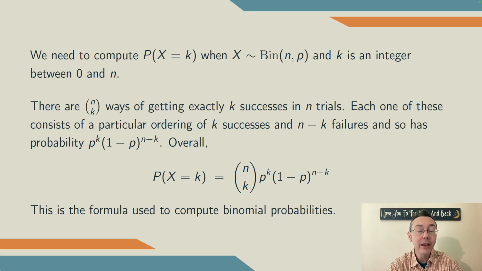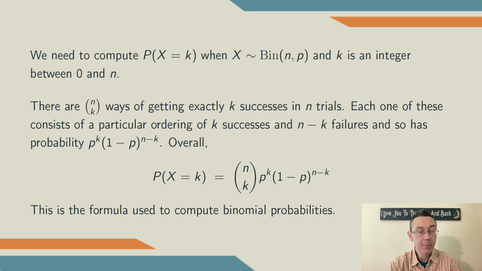Now, for any particular ordering of k successes out of n total trials, you're going to have the probability of p to the k times 1 minus p to the n minus k. Because again, you need to have k successes, which have probability p, and n minus k failures, which have probability 1 minus p.